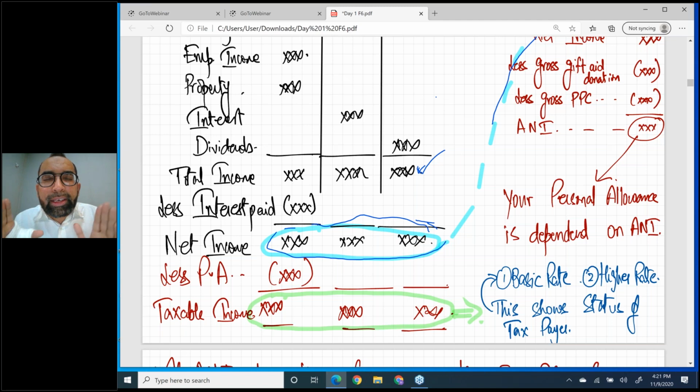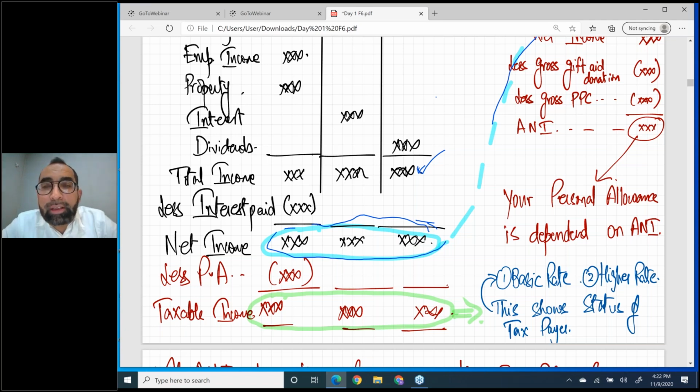If your ANI is between 100,000 pounds and 125,000 pounds, then you have to do a reduction working. Hope you remember the reduction working. Your personal allowance will start reducing gradually. And if your ANI is greater than 125,000, then you are not eligible for any personal allowance. Your personal allowance will be zero.